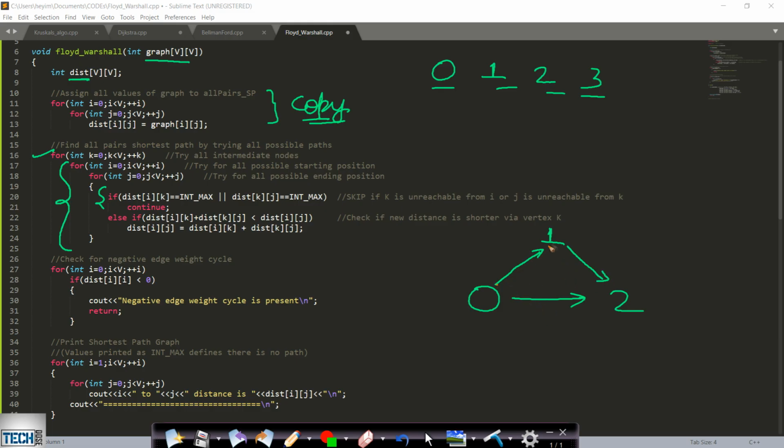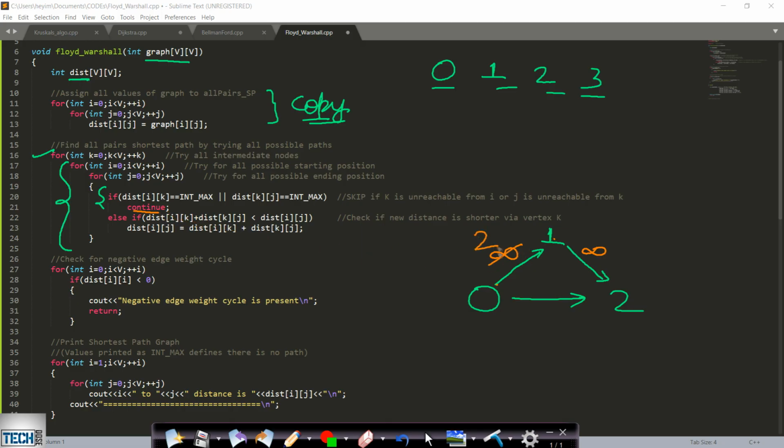But if the distance from 0 to 1 is infinity, that is we do not know, or the distance from 1 to 2 is infinity, then since we do not know the distance values, we cannot compare, and therefore we will continue. That is, we will skip this step. So I will repeat, if we have no knowledge of the distance value from 0 to 1 or from 1 to 2 or both of them, then we will simply skip the step.